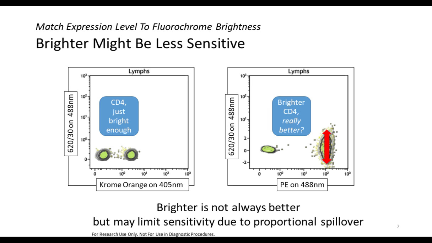So brighter is not always better. We really have to understand that brightness is helpful, but here in this case, we see that brighter might be at a disadvantage, and it may be advantageous to have less brightness on the CD4 positive population. So to summarize, be just as bright as needed, but be also as dim as possible. That could be a takeaway here from this picture.